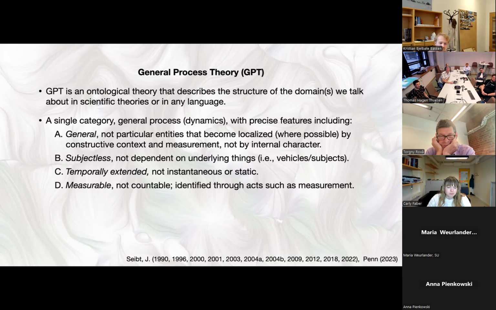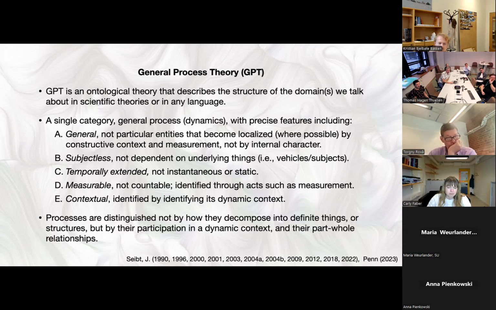It's measurable, but not countable, identified through dynamic acts such as measurement. And contextual, so it's identified by its dynamic context. And processes are distinguished not by how they decompose into definite things or structures, but by participation in the dynamic context and the part-whole relationship that they have.